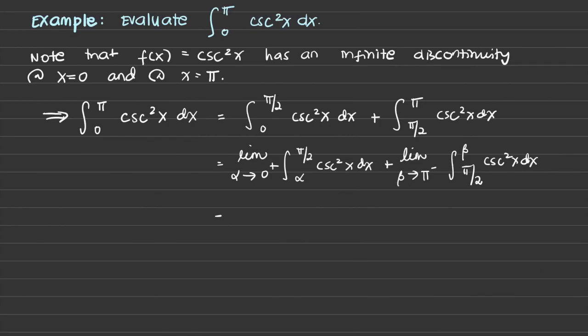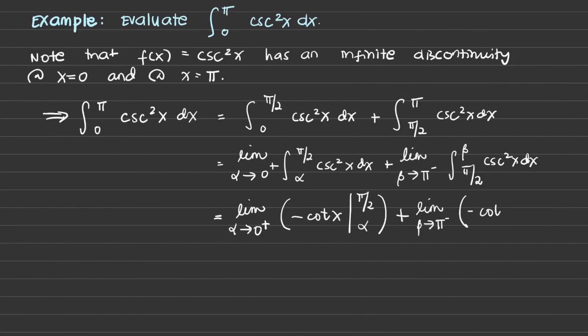And then just integrating, we have that the integral of cosecant squared is negative cotangent. So you have the limit as alpha goes to 0 from the right of negative cotangent x evaluated from alpha to pi over 2, plus the limit as beta goes to pi from the left of negative cotangent x evaluated from pi over 2 to beta.